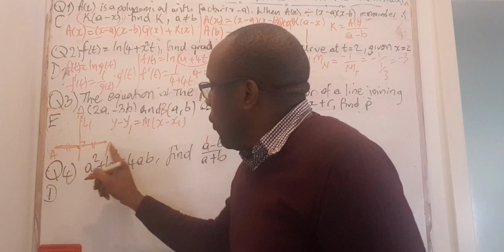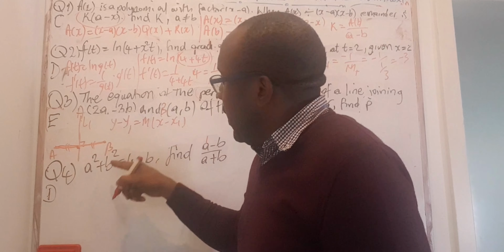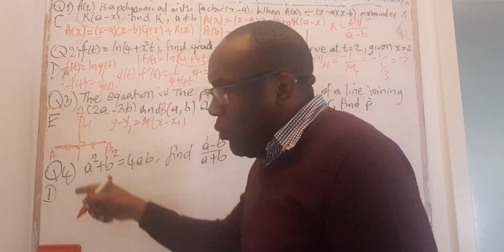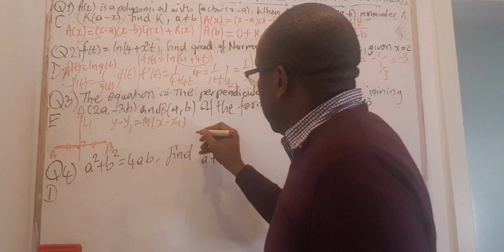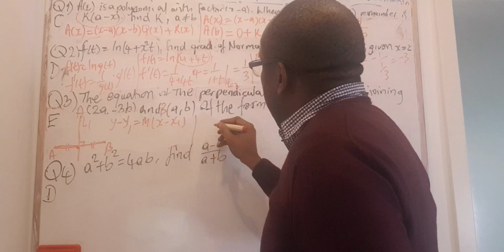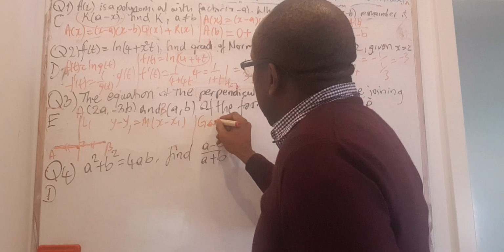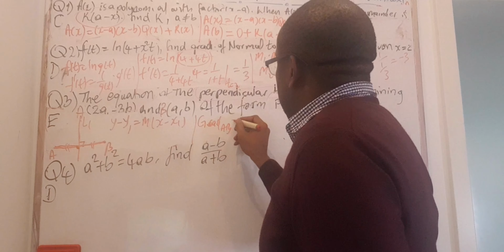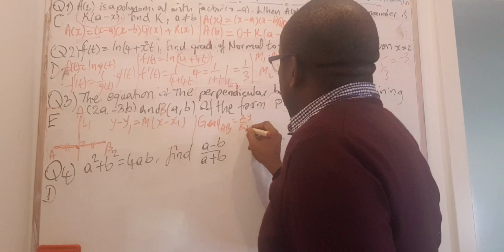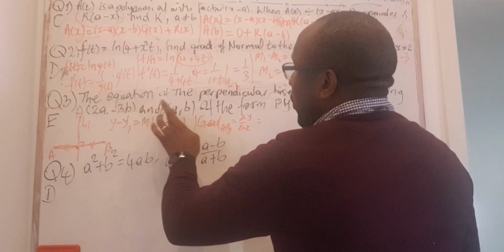But I know these 2 points, so I can look for the gradient of this line. And since it's perpendicular with this, I can also look for its own gradient using the property that we just saw above. So I will call this gradient m AB, which is the gradient of the line AB. That is normally the change in y over change in x. So these are my coordinates here.